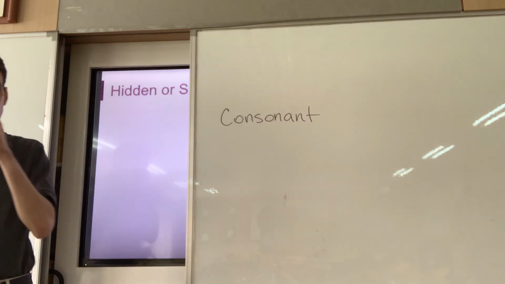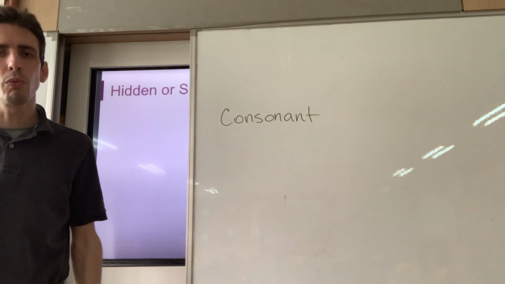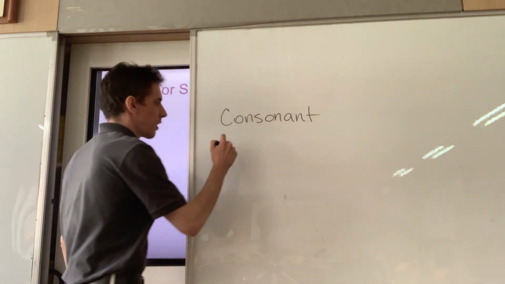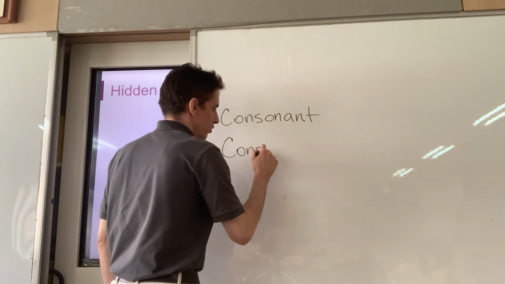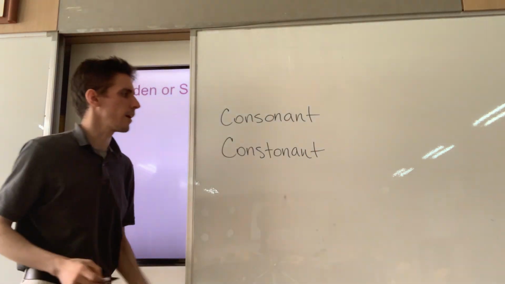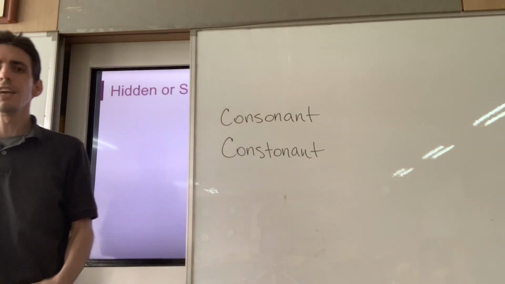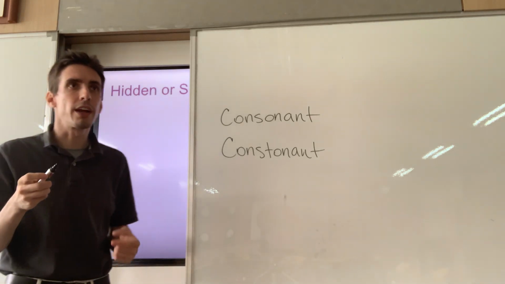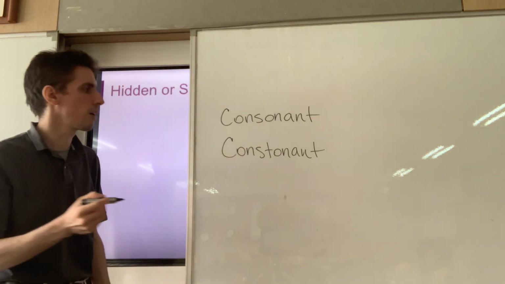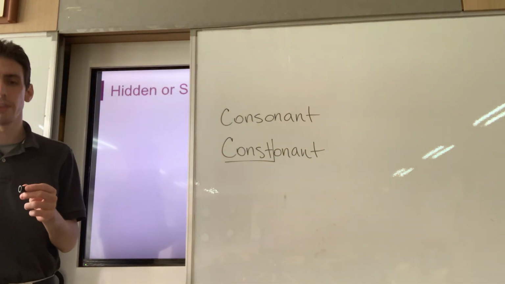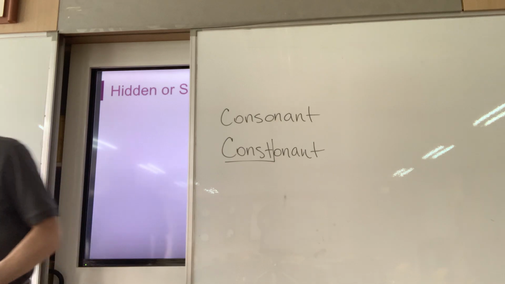I always want to say consonant, and I don't know why. That's wrong. If I hear it that way, I will think it's spelled that way. It's a very easy mistake to make.